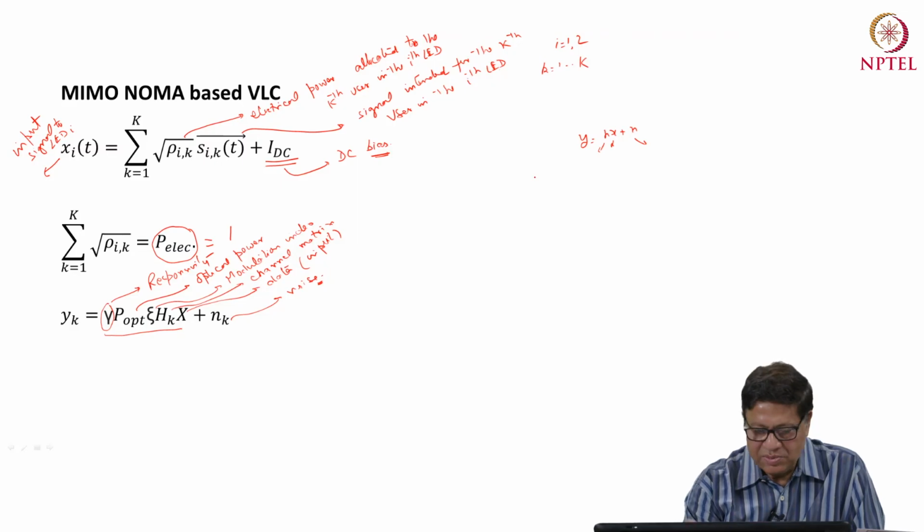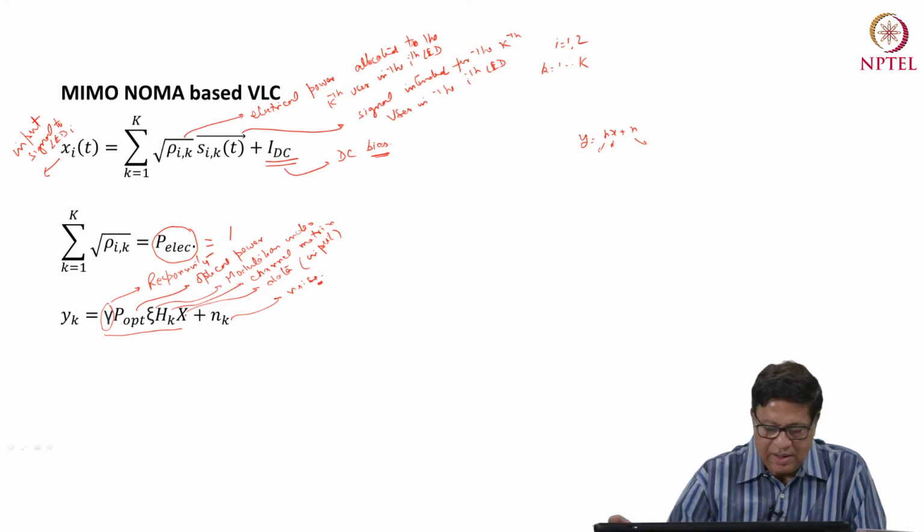But we have also included the responsivity, because the power is in the optical domain. So we have included the responsivity, optical power, and the modulation index. So this becomes Y_k is equal to gamma P_opt xi H_k X plus N_k.